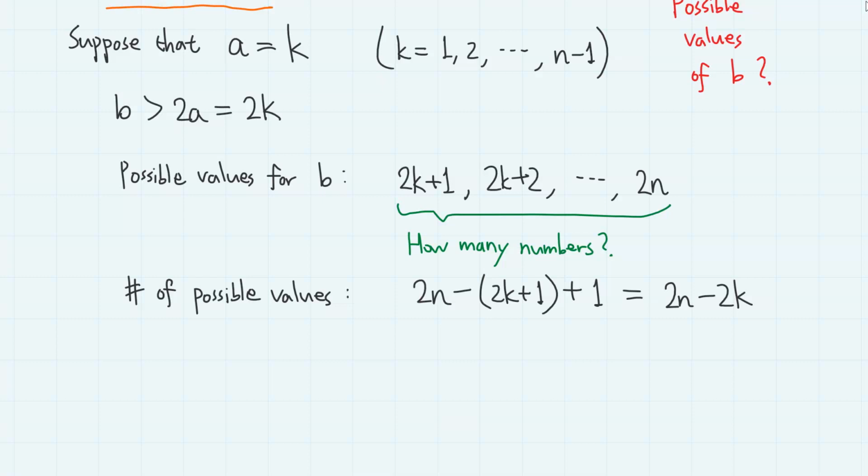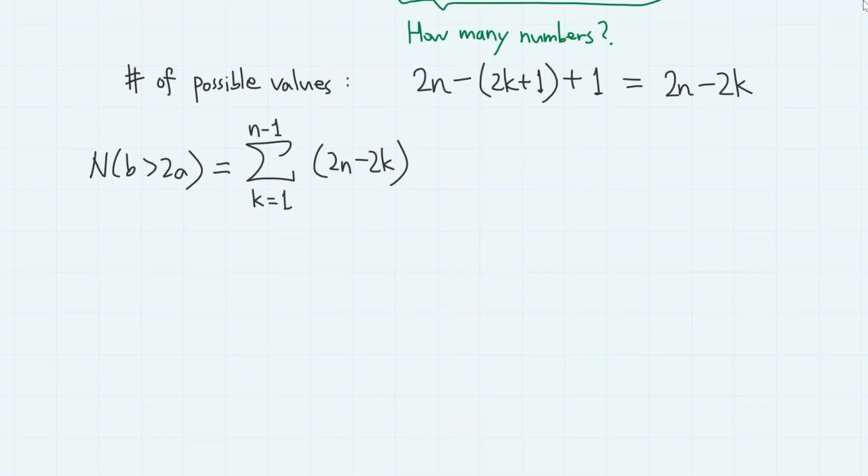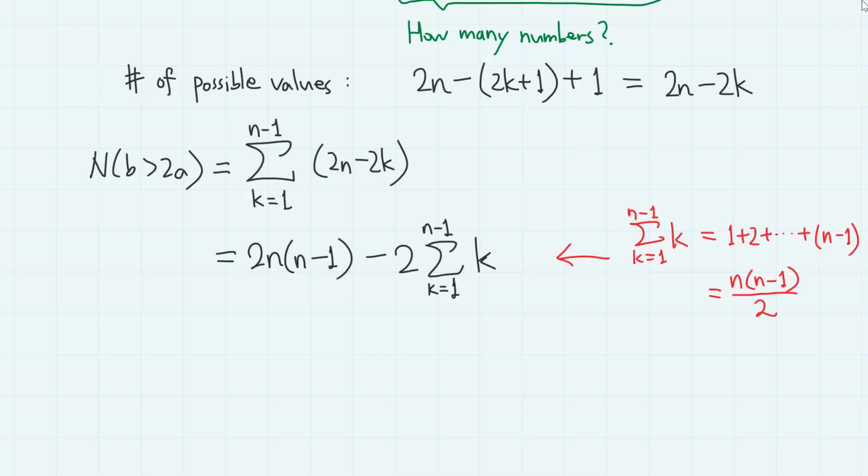This is only for the case when A equals k. Since k can have values from 1 to n minus 1, the number of cases where B is greater than 2A can be obtained by adding up this count from k equals 1 to k equals n minus 1. So for the first term, we have 2n multiplied by n minus 1, then minus 2 times the summation of k, and using the sum of natural numbers formula, we have 2n times (n minus 1) minus 2 times (n minus 1) n over 2.